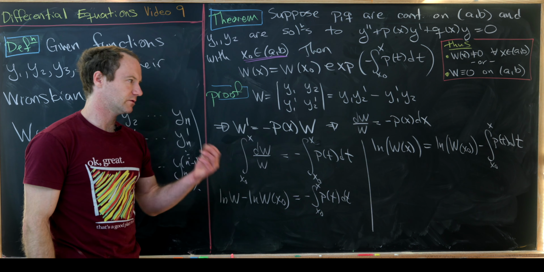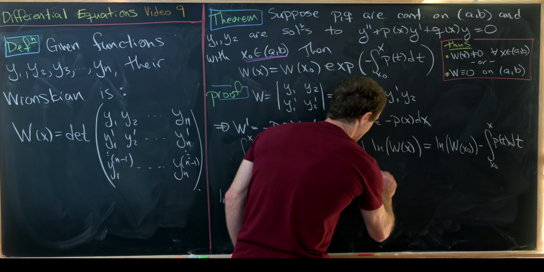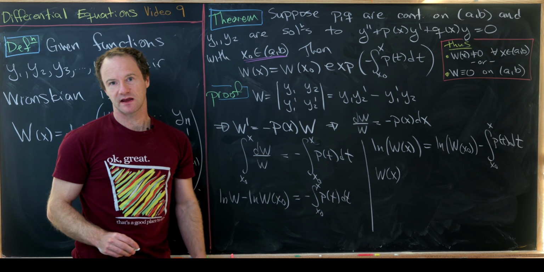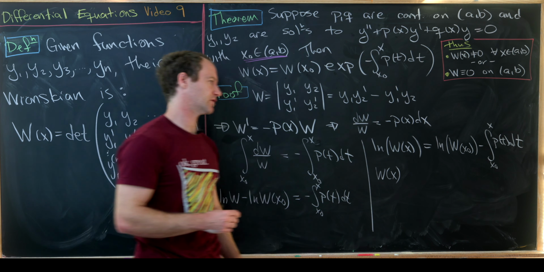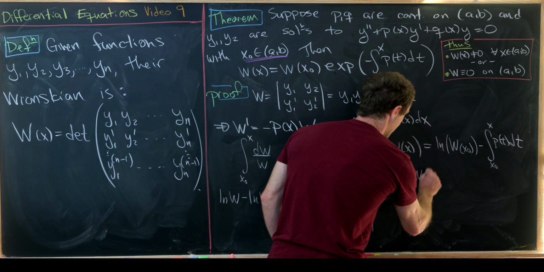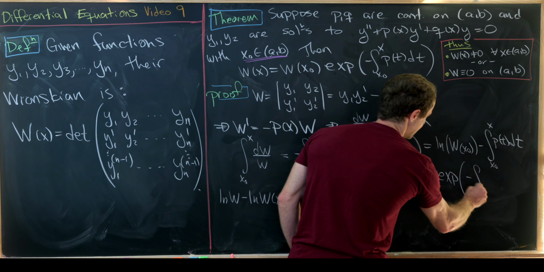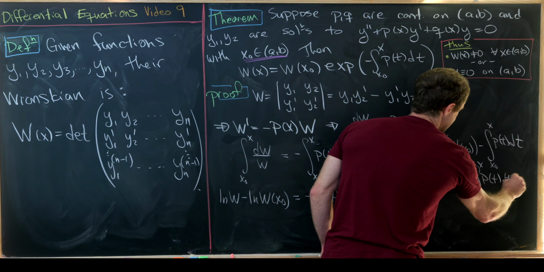And then from here, we simply exponentiate both sides. So exponentiating the left will give us w of x. Then exponentiating the right and then applying some logarithm and exponent rules will give us exactly what we want. So we've got w evaluated at x naught times e to the minus the integral from x naught up to x of p of t dt.